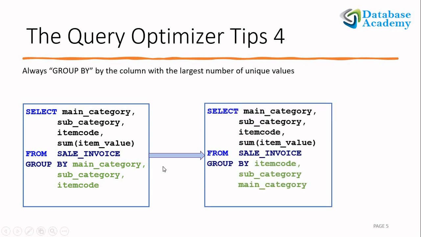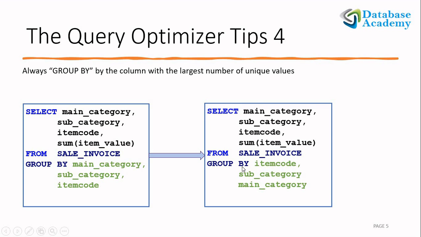So we should always start the group by column with the largest number of unique values. The column having the unique values should be first. So item code, if we have a sales invoice, that means item code will most of the time return a unique code.